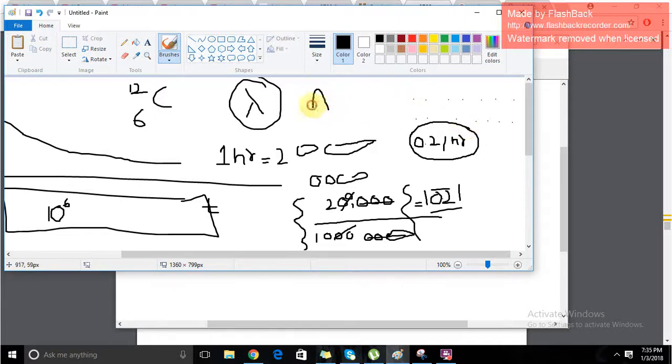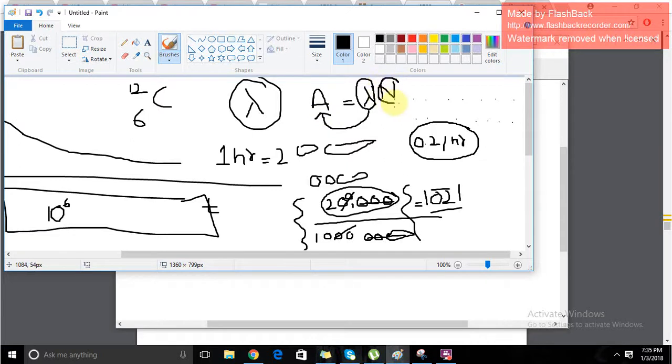So as I mentioned before, both this and this have an impact on the activity. If we have a larger value of this, which means that a larger number of nuclei disintegrated in the same time interval, so if we have a larger lambda, then the activity would be greater because there would be more disintegrations per unit time.